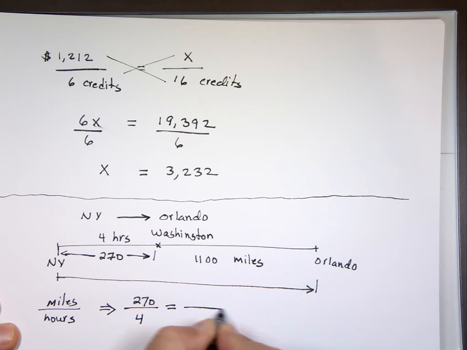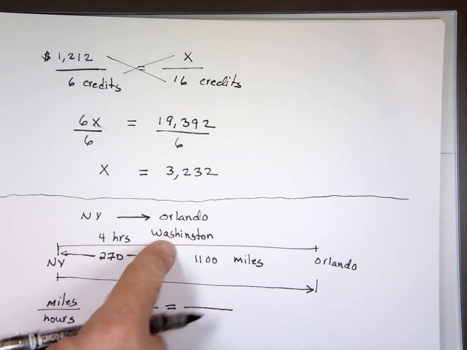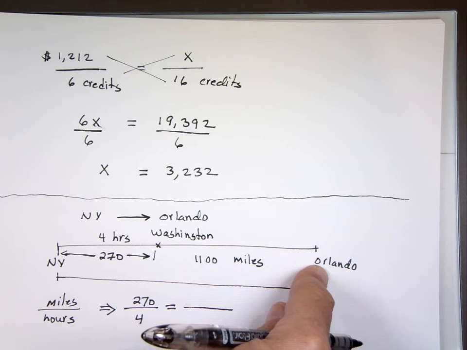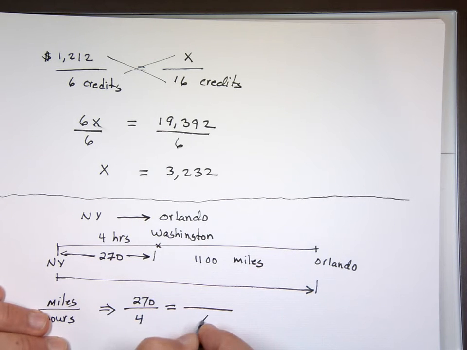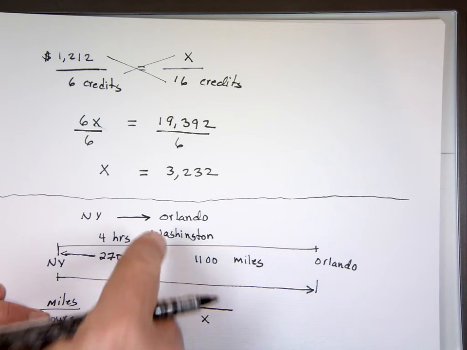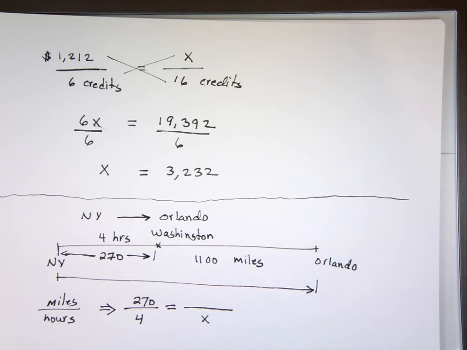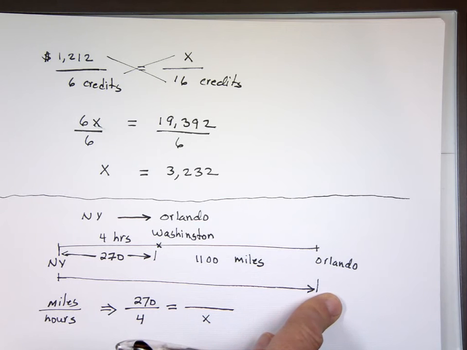You try to figure out how many more hours you have to drive. That means what's the time to go from Washington to Orlando? The time is unknown. But do we know the distance from Washington to Orlando? Which is what? 1,100? Not 1,100. 1,100 was from New York to Orlando. So what's the distance from Washington to Orlando?